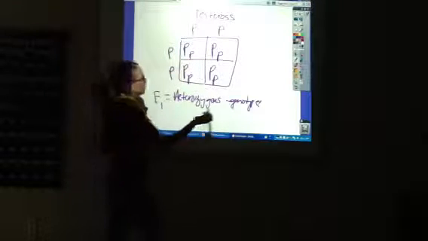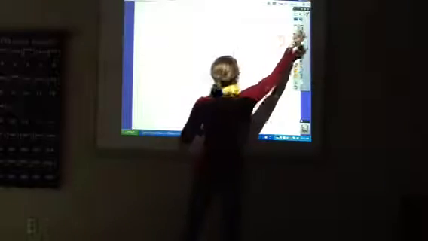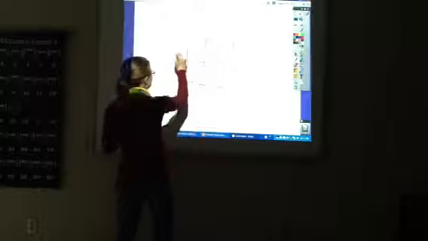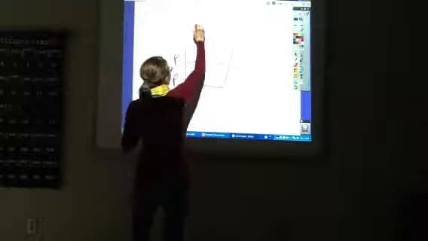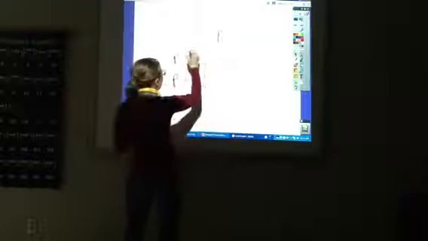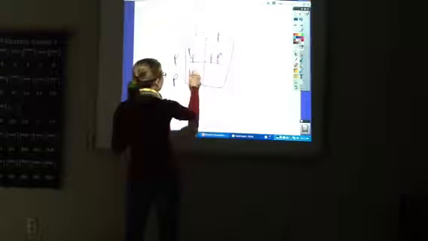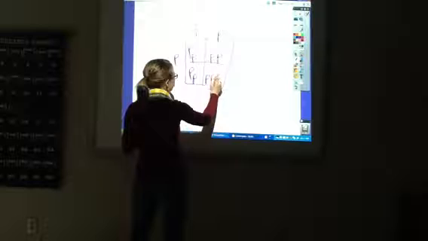Okay, so now let's switch and let's do our test cross with our homozygous recessive with a heterozygous parent and see what we get. Big P, little p, little p, little p, big P, little p, and little p, little p.